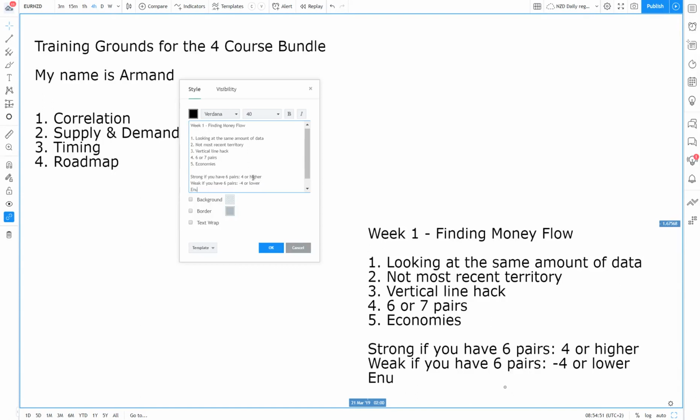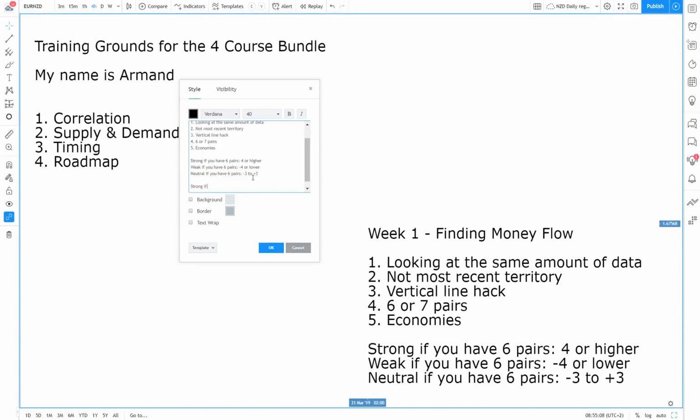And then neutral, if you have 6 pairs, is anything in between, basically. So -3 to +3. So strong, if you have 7 pairs, that is 5 or higher.